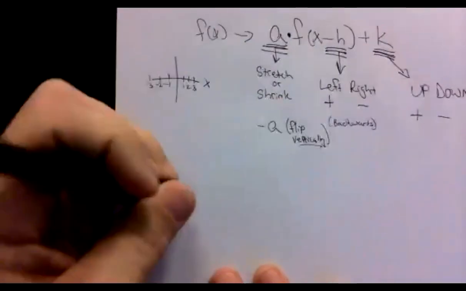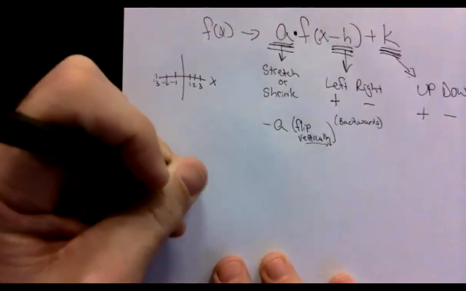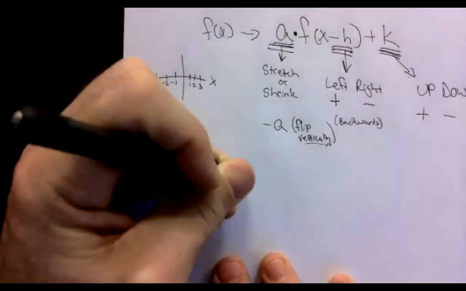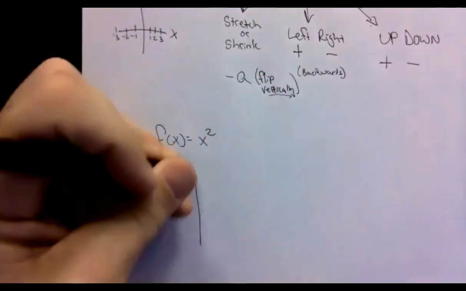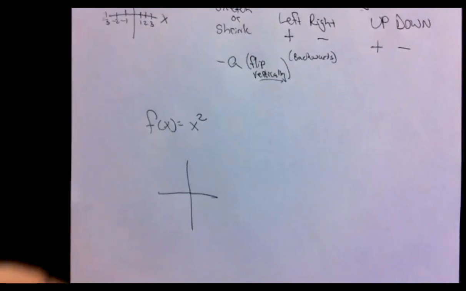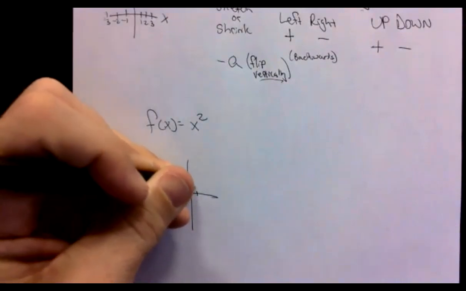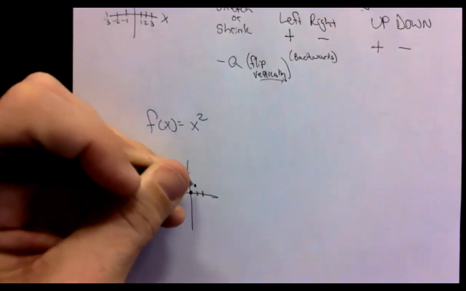So if I give you some function like x squared, a typical x squared function looks like a parabola.